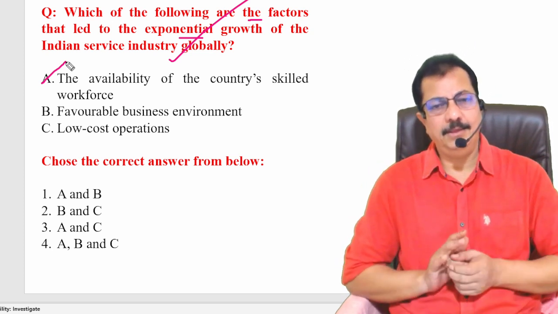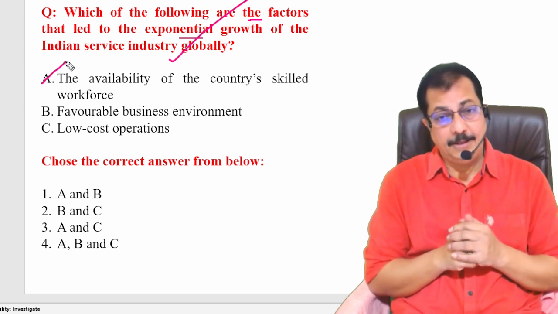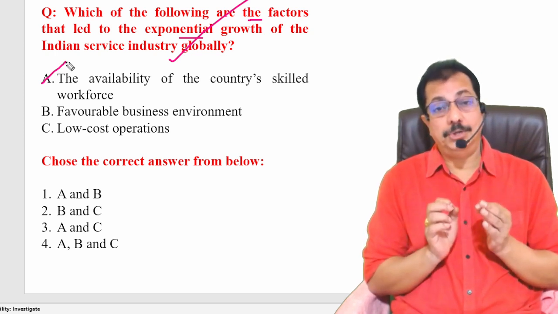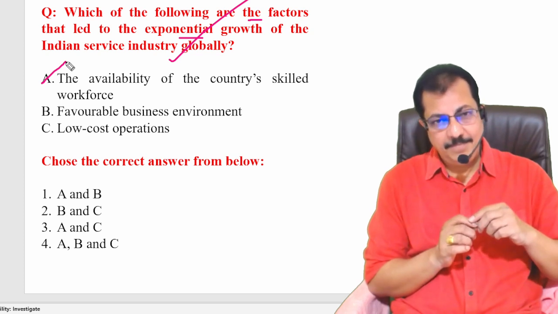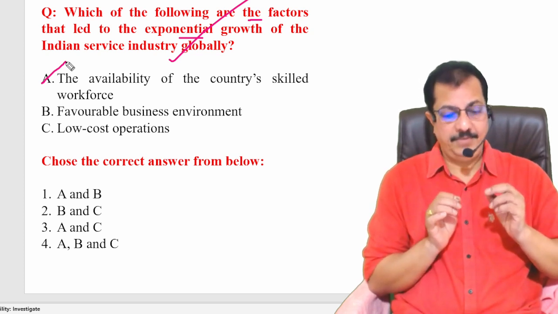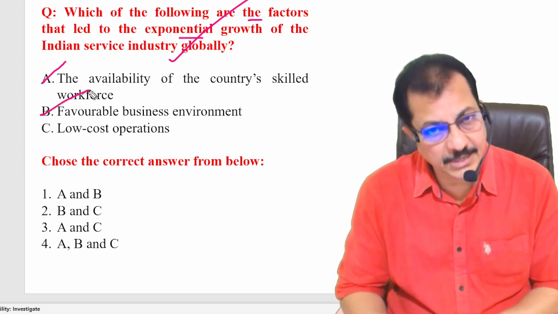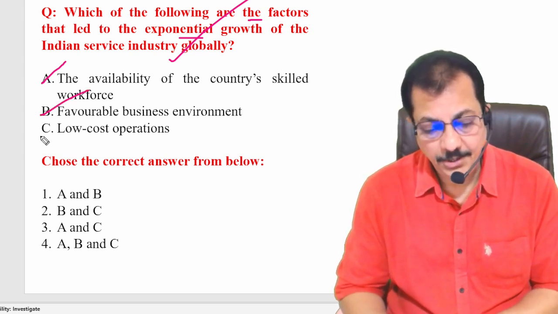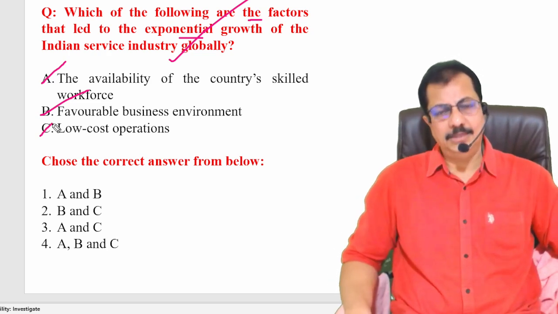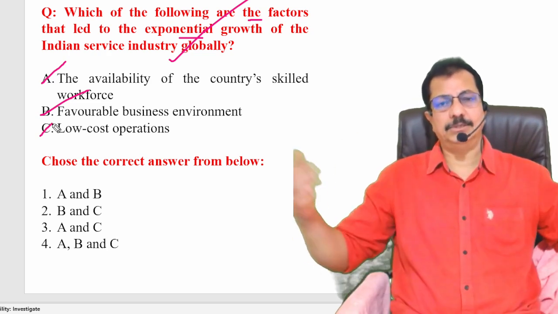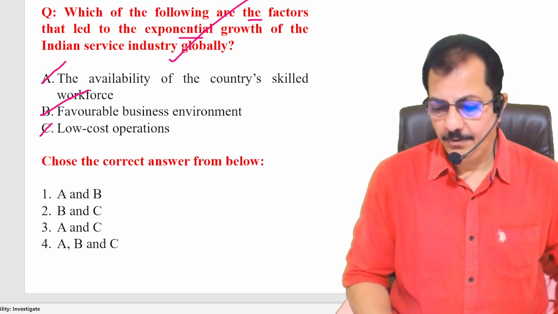That is the reason why, if you look at other countries, maybe the UK, maybe the United States of America, a large number of Indians are working there because of their skill. Very important one. Next, number 2, favorable business environment, and 3, low cost operations. All this led to India's global image. So the answer should be option 4.